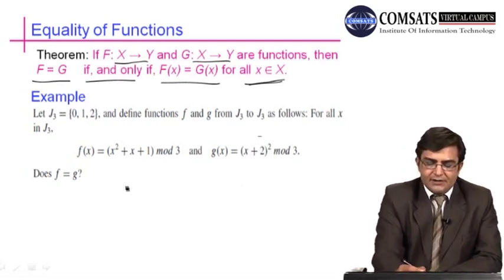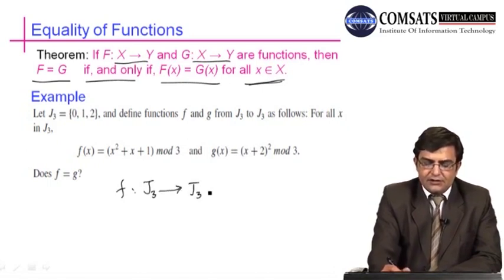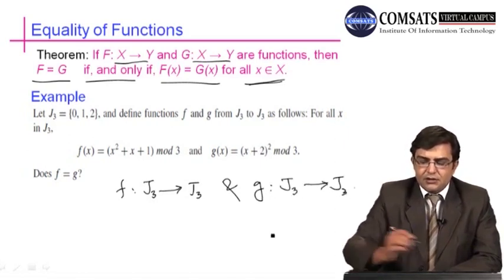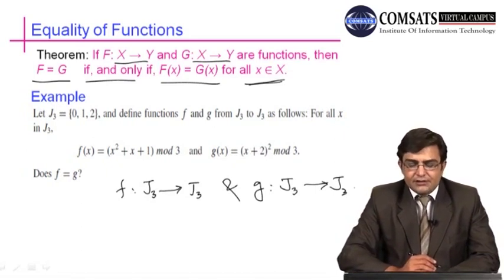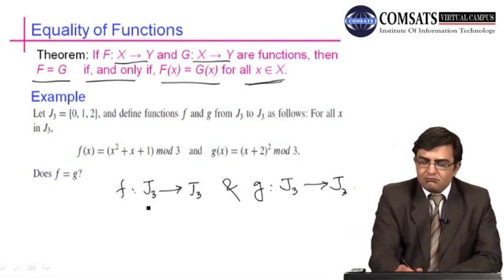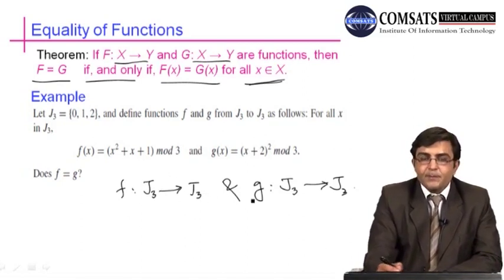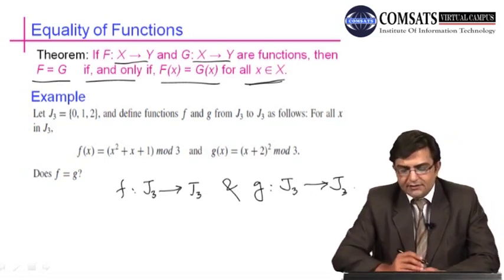So f is a function from J3 to J3, and g is a function from J3 to J3. The first thing is to check whether the two functions are defined on the same sets. Yes.